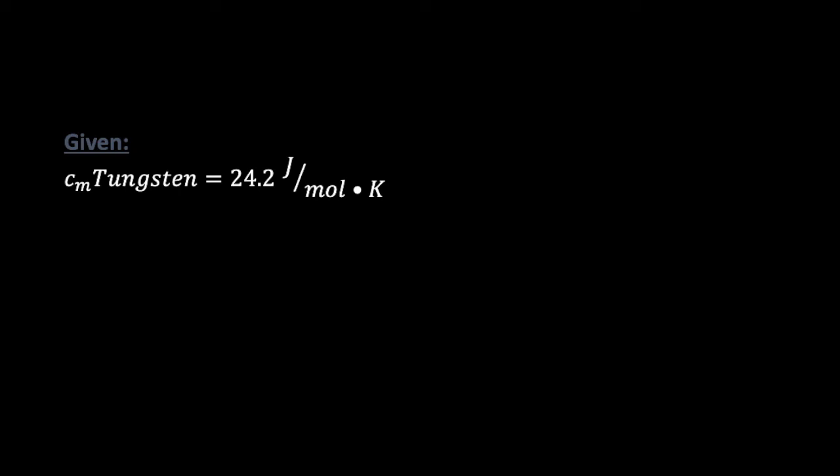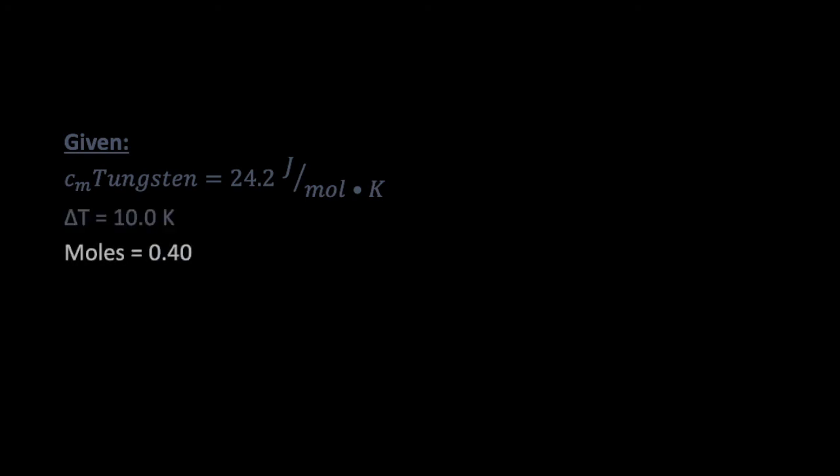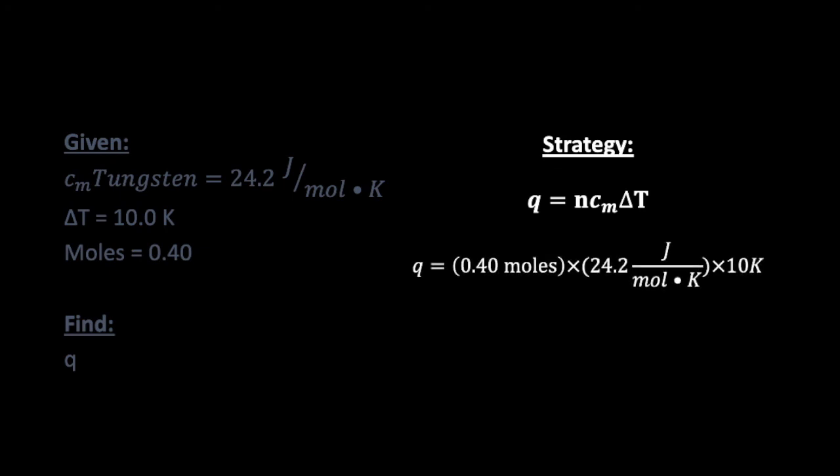That's 24.2 joules per mole Kelvin. Delta T is going to be 10 K. And we have 0.40 moles, and we want to find Q. So we're going to use Q equals NC delta T, and we are going to substitute in our numbers, and our answer is Q equals 96.8 joules.